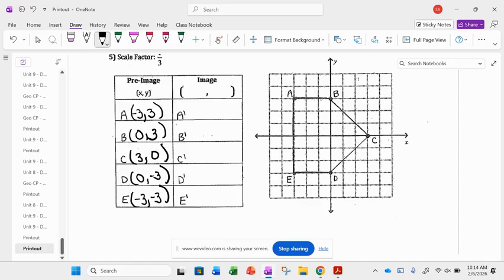All right, these are all your pre-image coordinates. So all you have to do is perform the transformation where you multiply the x coordinate by 1/3 and you multiply the y coordinate by 1/3. As soon as you're done, you can call me over and then you're done for today, and I am not giving you any homework. We're actually not even done with the lesson, so we'll finish up the lesson next class.